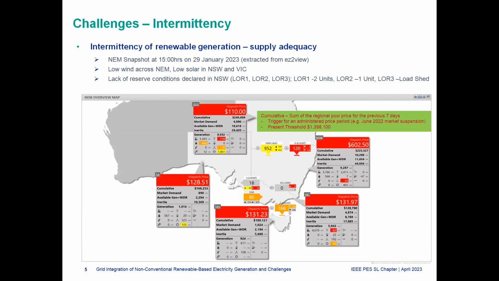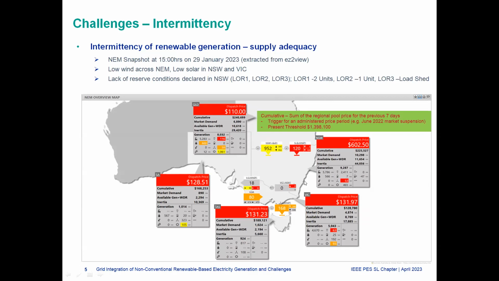For example, I have a few examples. Now, this is just trying to show the impact of intermittency of the generation on supply adequacy or supply reliability. This is a snapshot of the Australian Eastern power system, that is the national electricity market, from a software application.